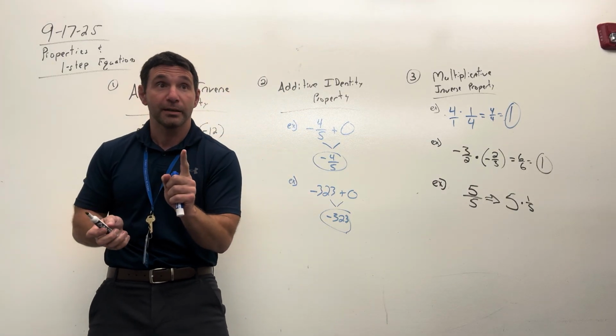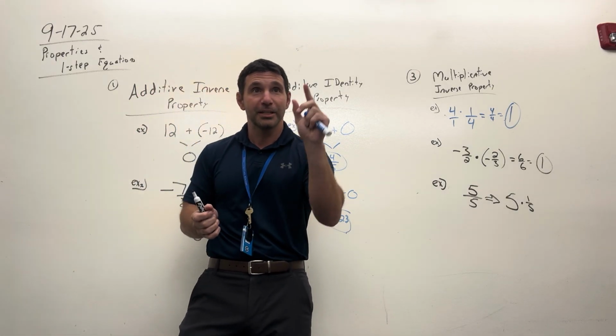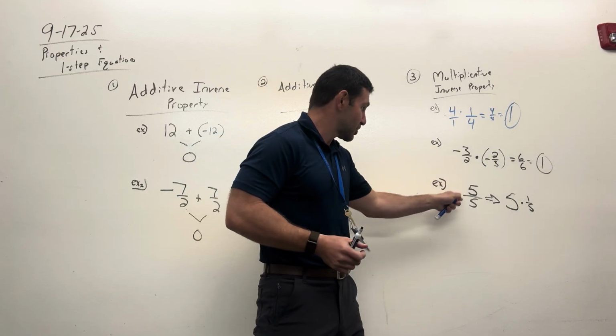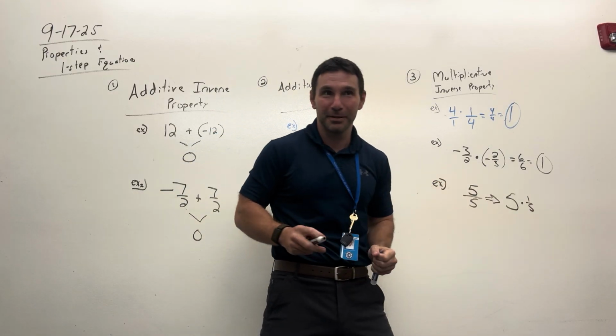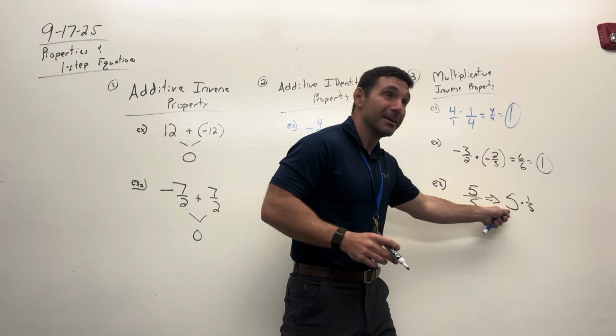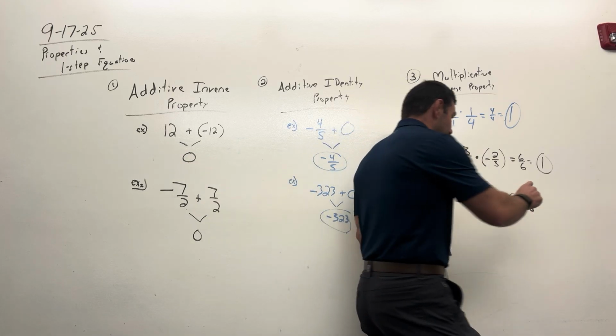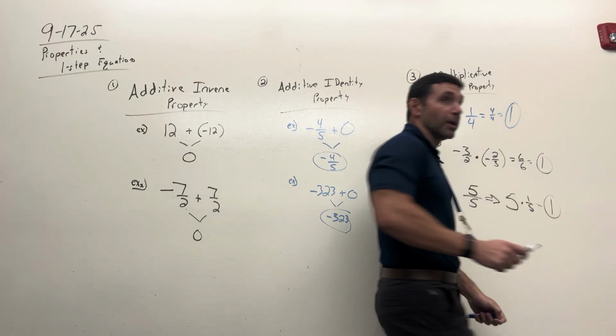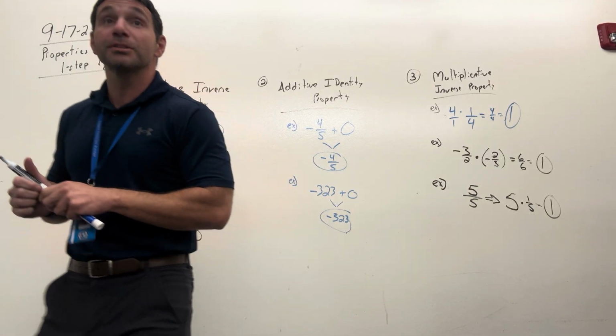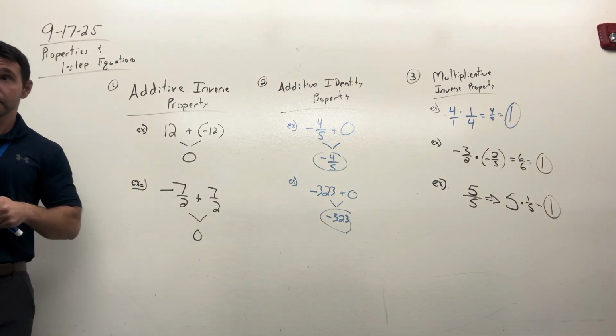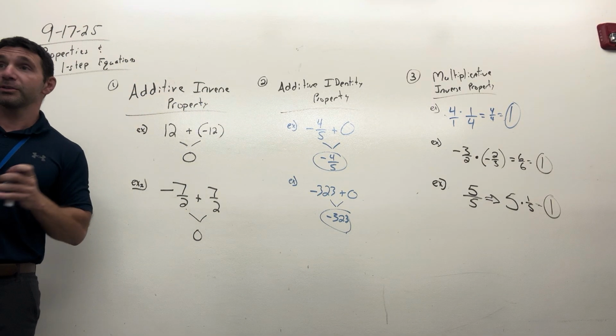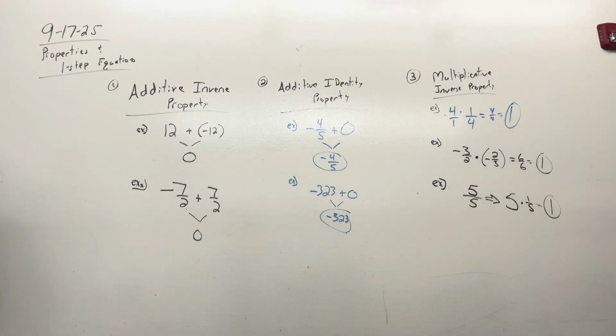And there's a reason why. When we divide a fraction, it is keep, change, flip. I keep, I change, I flip, which still gives me 1. So when we're dividing, we are still using the multiplicative inverse. Okay? We will be using these properties. Questions so far?